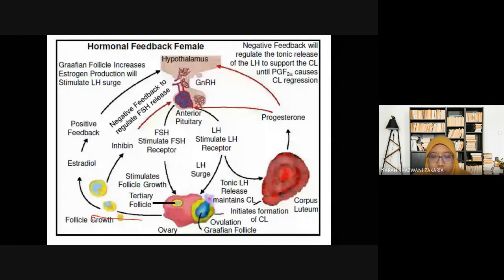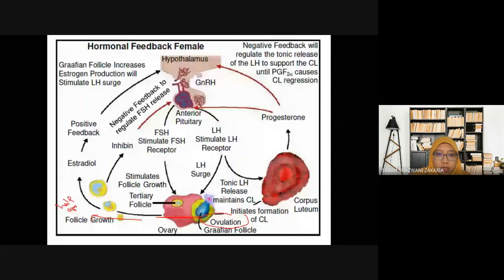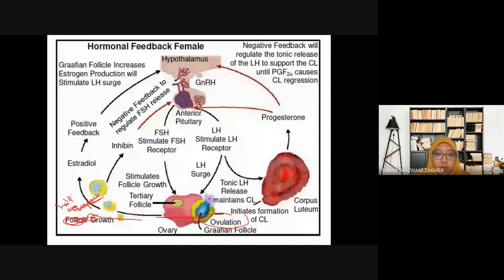Okay, therefore this follicle that grow halfway eventually will undergo apoptosis ataupun dia akan degenerate. But the degeneration of this follicle cells here, dia become scar lah ataupun cyst.